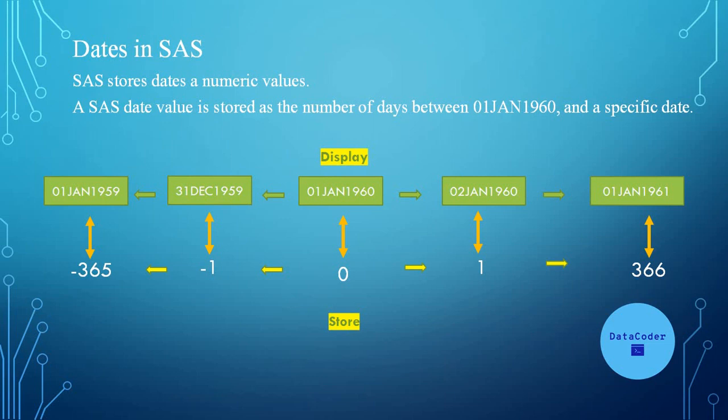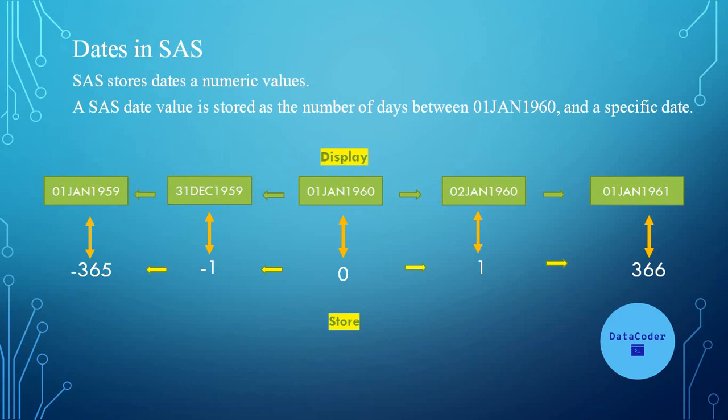So for 31st December 1959 it will store the value -1, and for 1st Jan 1959 it will store -365. So it stores the date as a number, but we can change the display value by applying different formats.